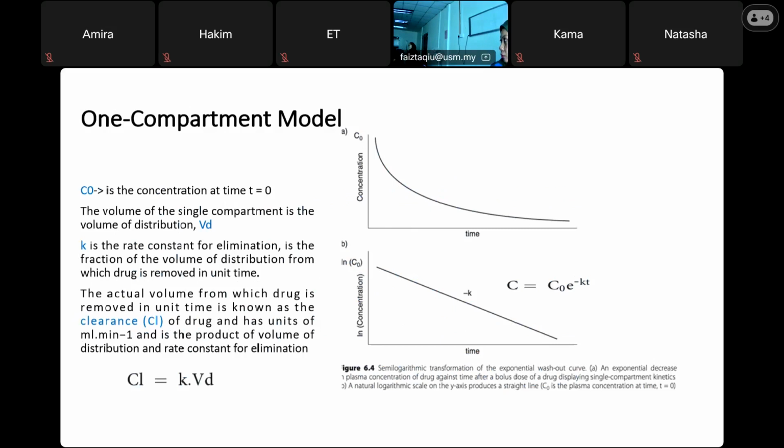Cannot measure because it is what? At time 0. At time 0, nothing happens, right?